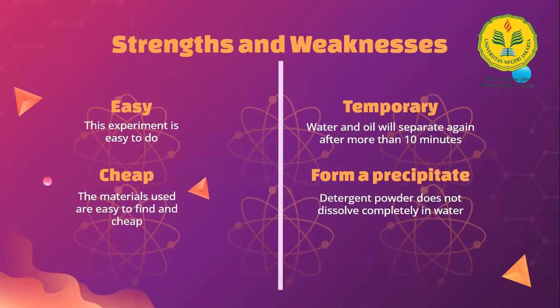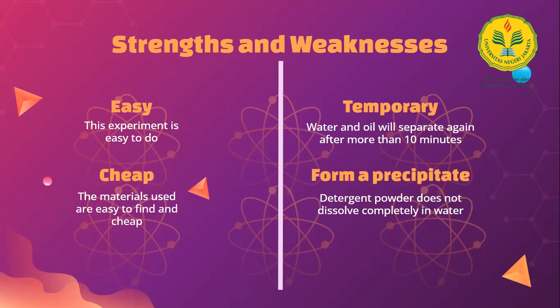The weaknesses of this experiment are that it's temporary and forms a precipitate. The experiment is temporary because water and oil will separate again after more than 10 minutes. This happens because there are some differences between oil and water. First, the difference is polarity level as described earlier.